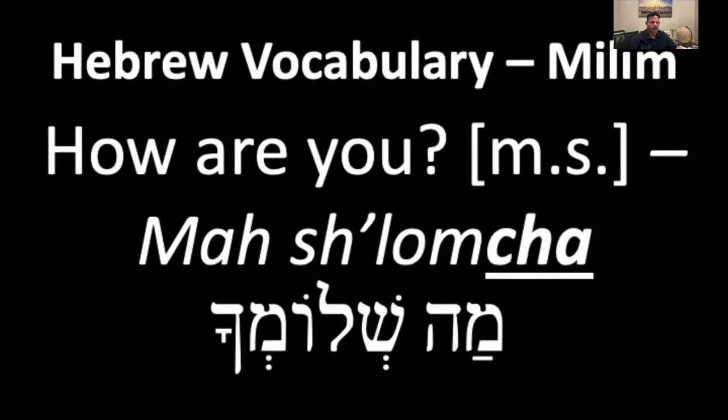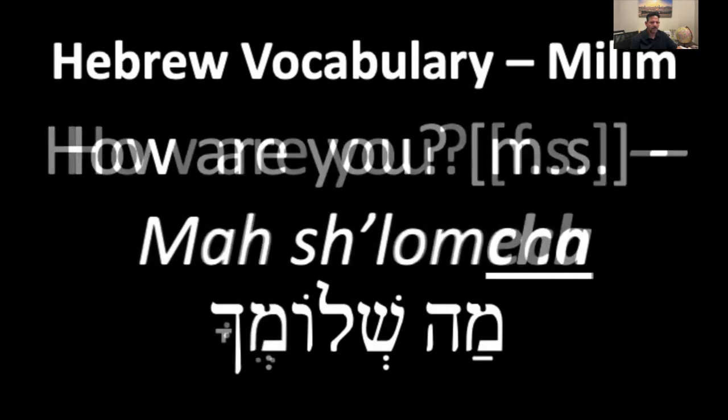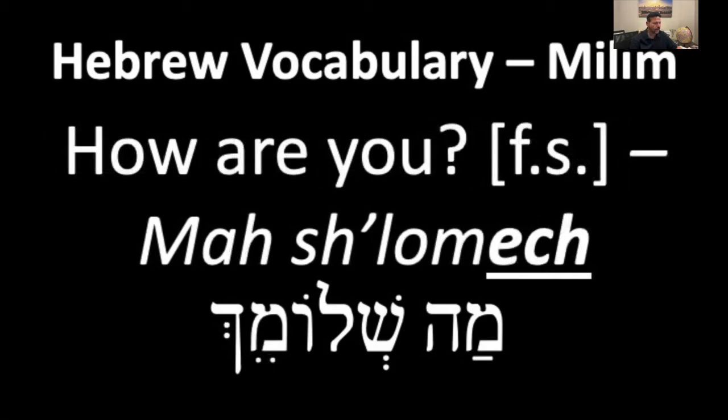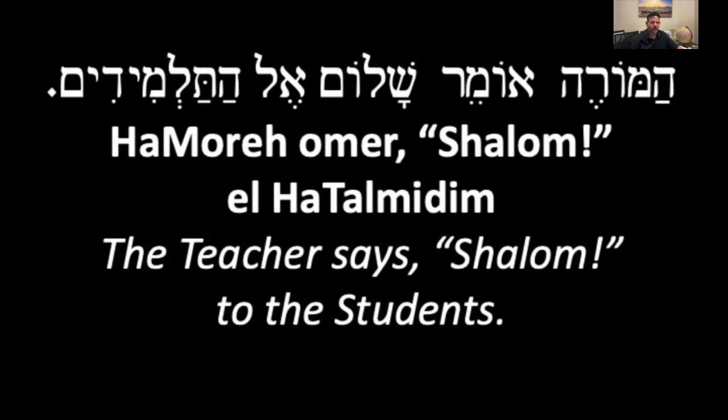We would say, ma shlomcha for a man, and ma shlomech for a woman. For instance, Hamore Omer Shalom El Talmidim. So, Hamore Omer Shalom El Talmidim, which means the teacher says Shalom to the students.